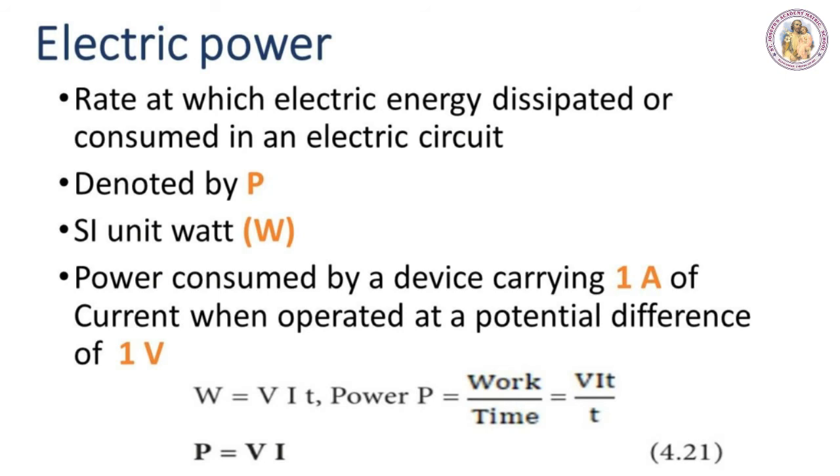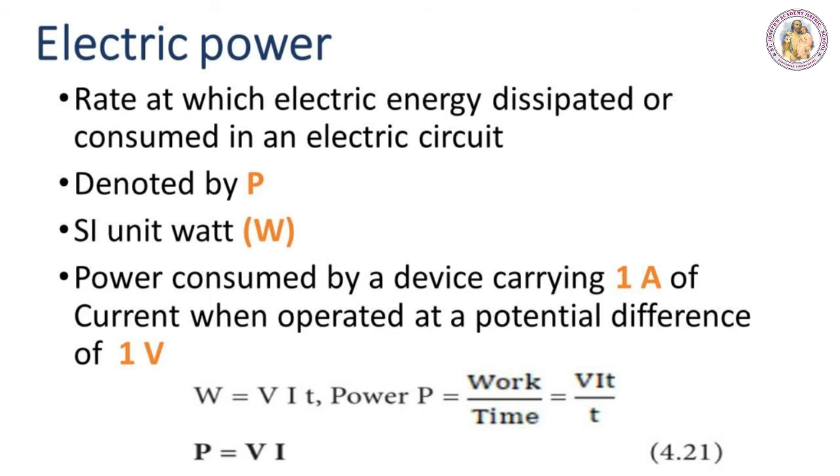So power P is equal to work done by time, that is VIT by T. The T gets cancelled, so the final value we get is P is equal to VI. That is the formula for electric power.